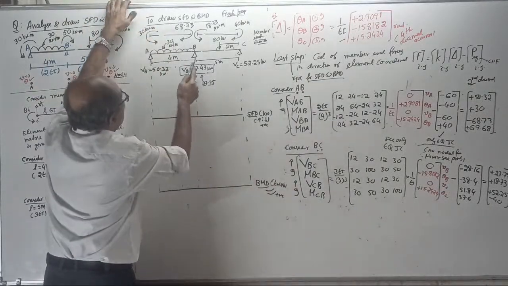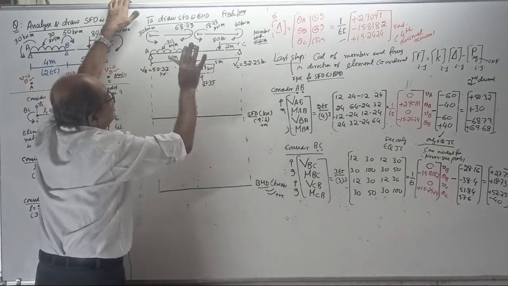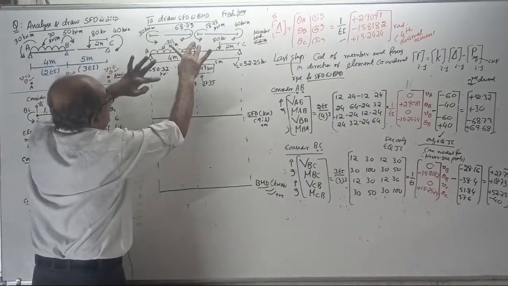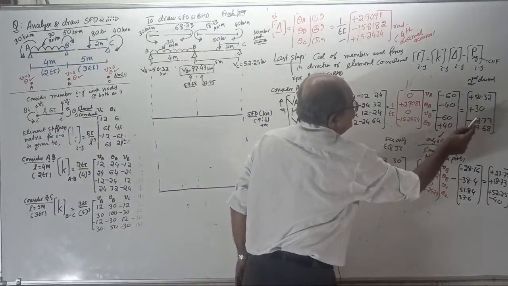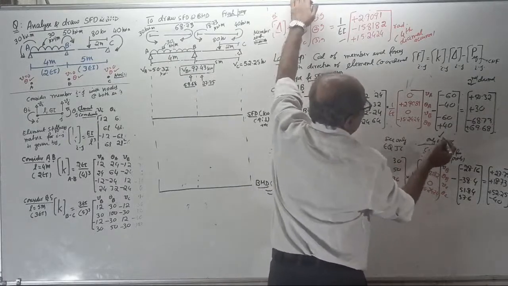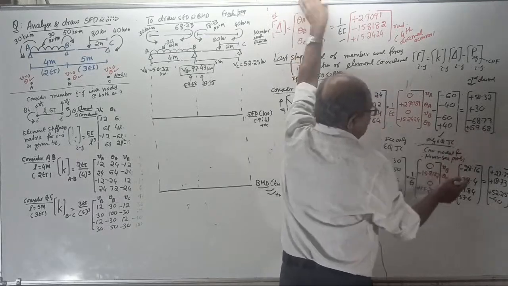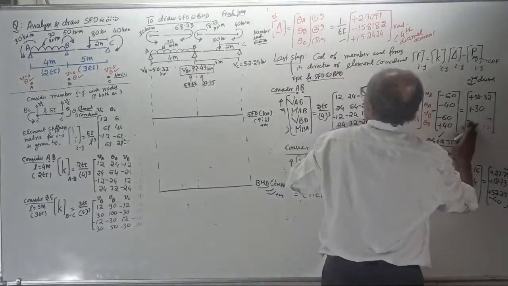Then the reaction at B for this side, not the final reaction, 68.73. It is a plus actually. Oh, it is interchanged. While writing, it got interchanged. Okay.